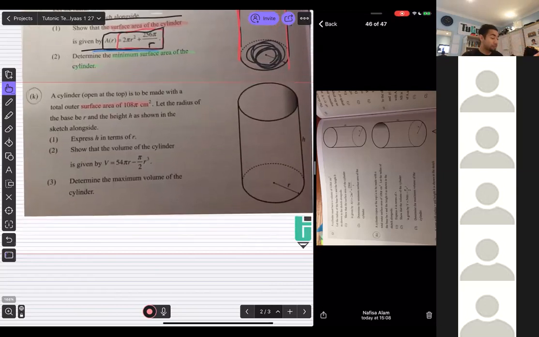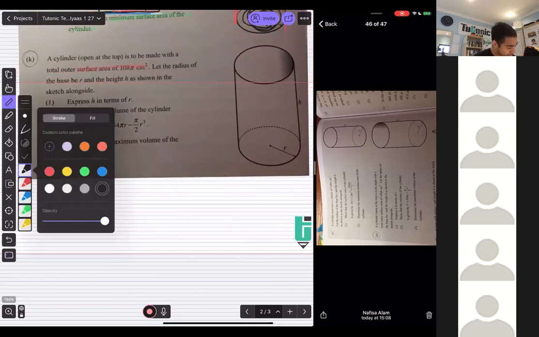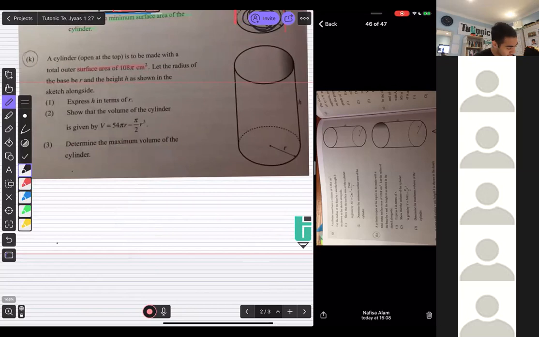So you write the formula, which is: surface area, 108 pi, equals 2 pi r squared plus 2 pi r h, right? So just from this statement, I already have this equation. You see that?